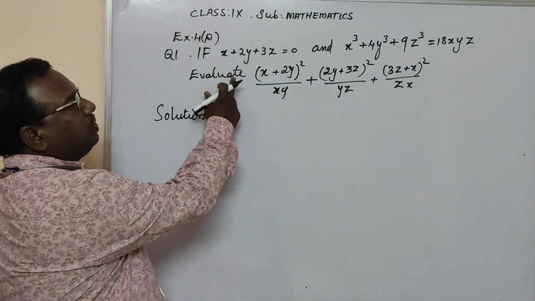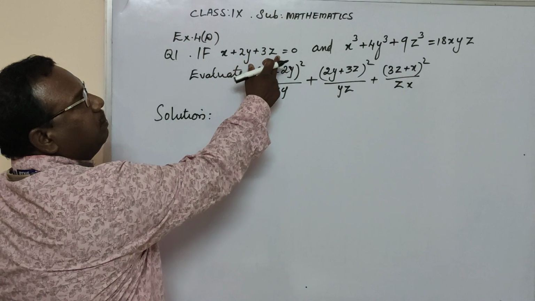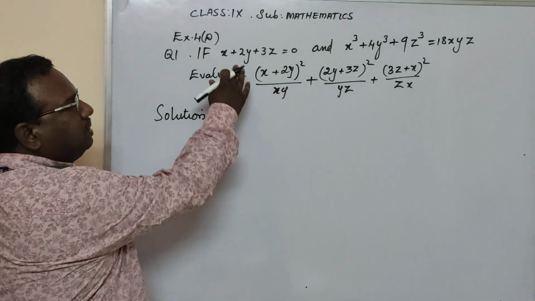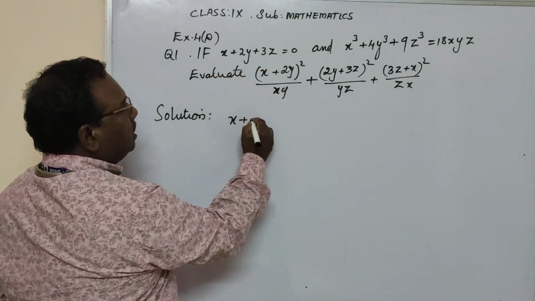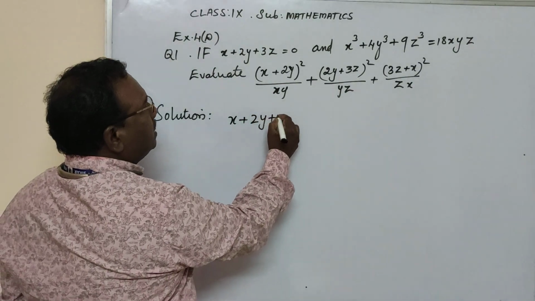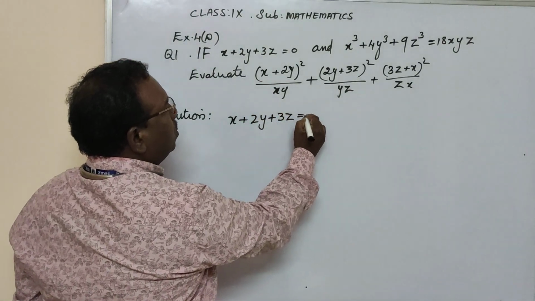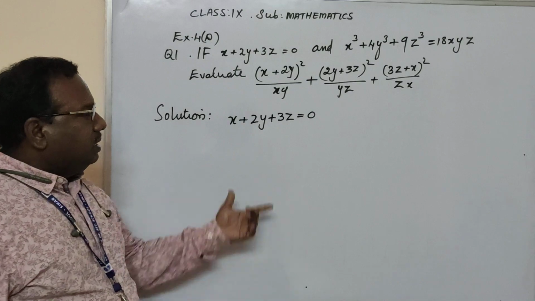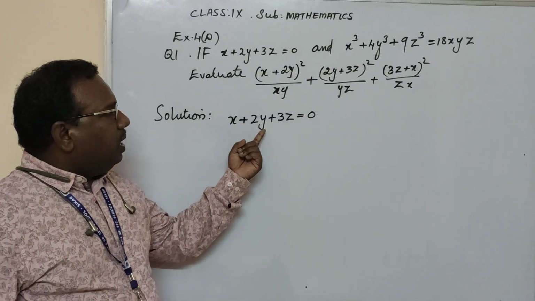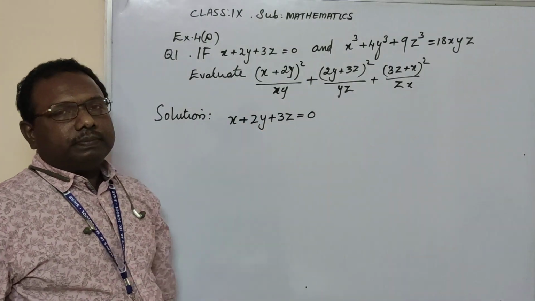It is given in the question x plus 2y plus 3z equals 0.